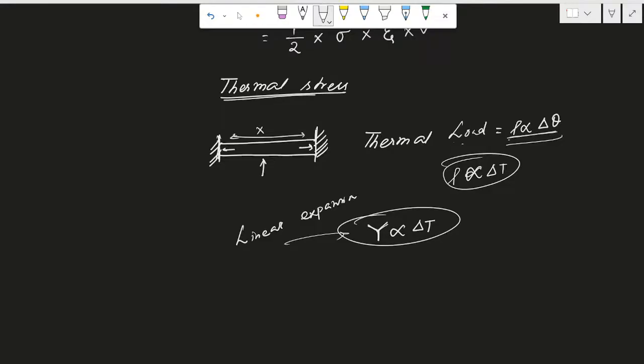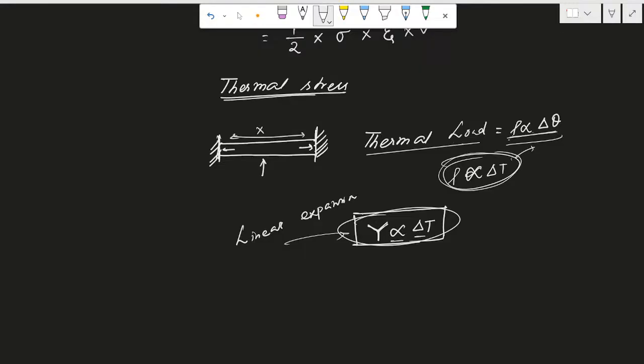But if you need the thermal stress, stress means force per unit area, so you will have Y alpha into delta T. If they ask you for thermal force or thermal load, it is L alpha delta theta or delta T, both are correct. But if they ask you for thermal stress, it is Y alpha delta T, where Y is the Young modulus. It is for linear expansion.